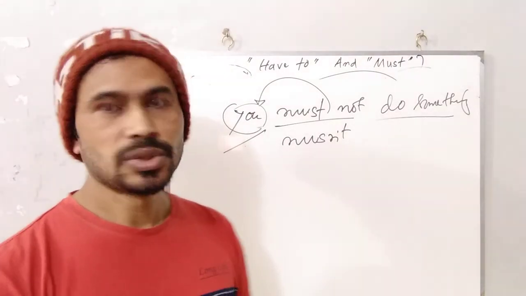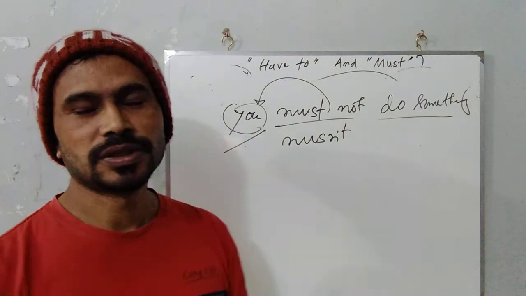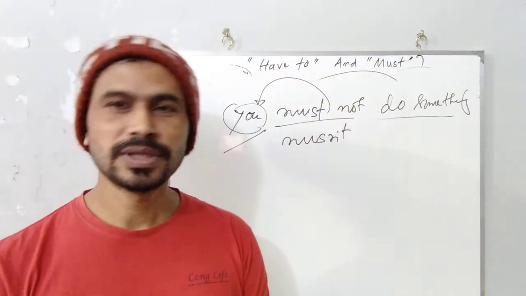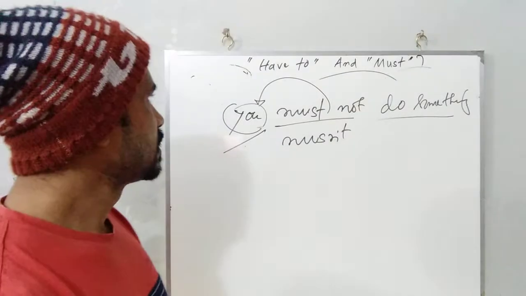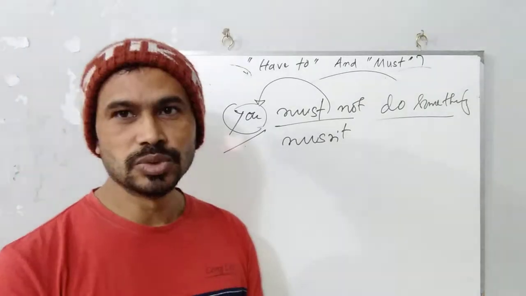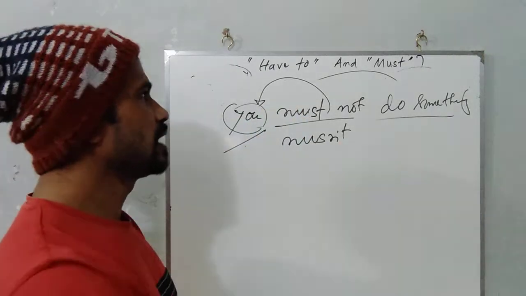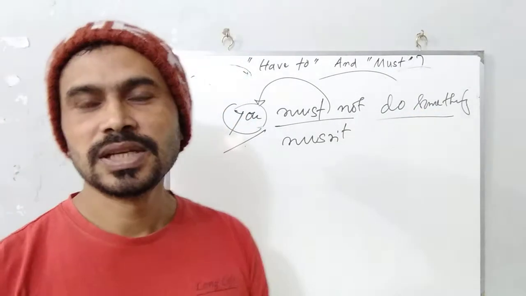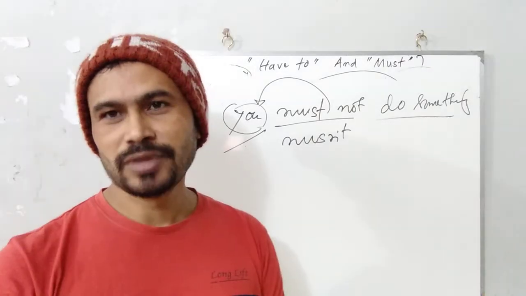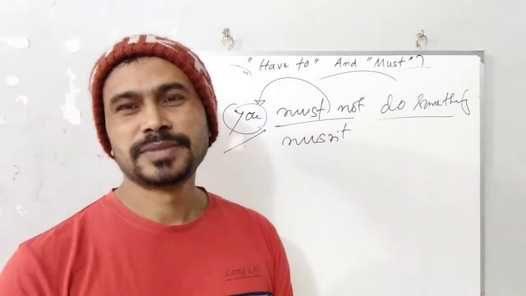So for negative obligations, I think must is also used in our daily conversations. So my friends, I think you understood. I'd like to say again this sentence: you must not do something. That means you need not do something.